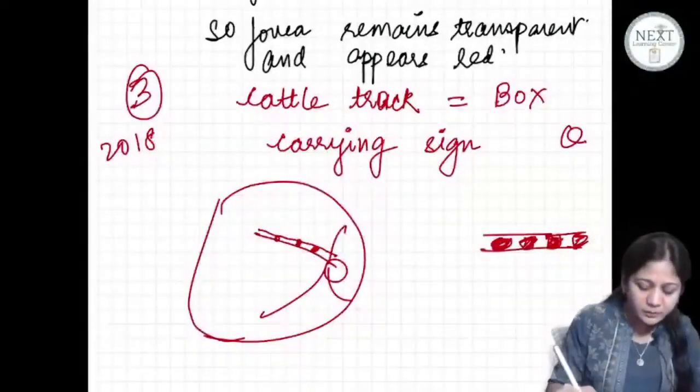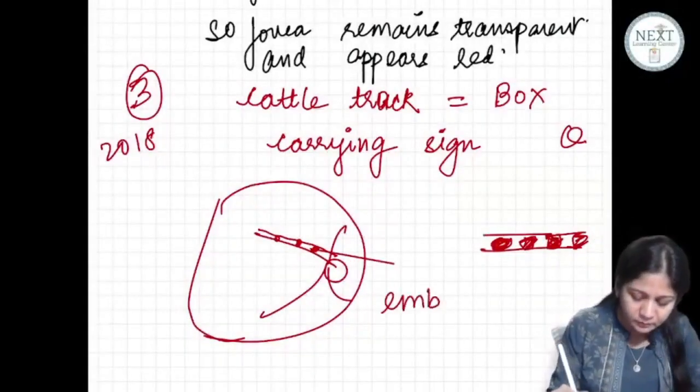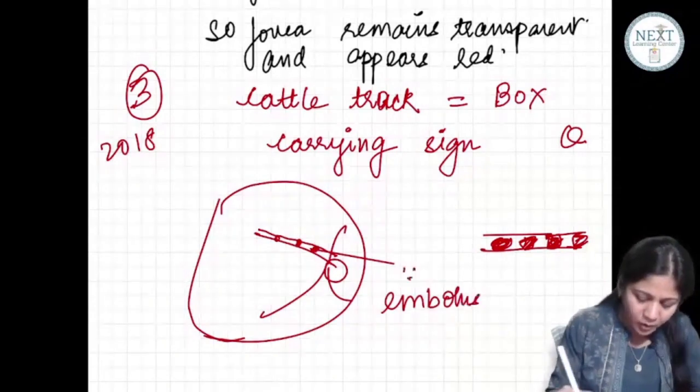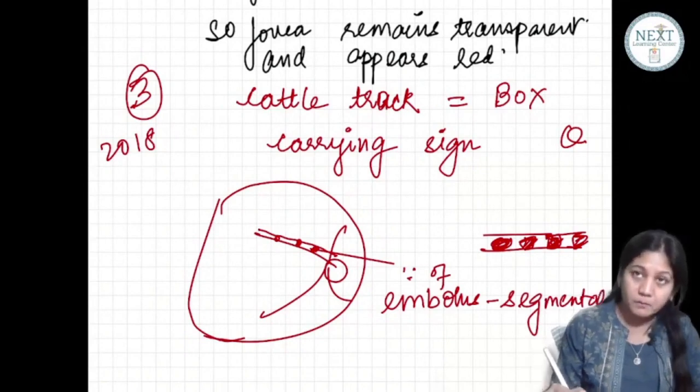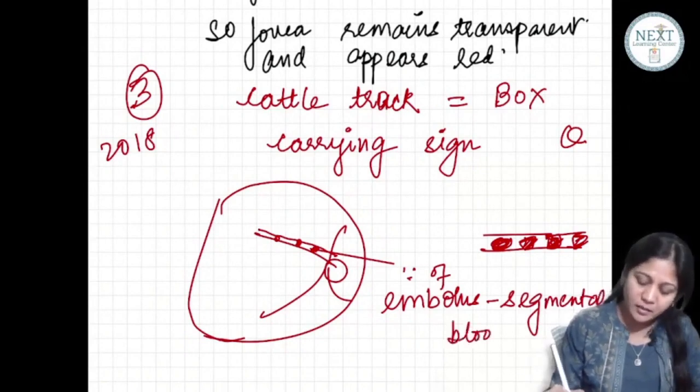Okay, this is because of the embolus. Because of the embolus there is a segmental blood flow.